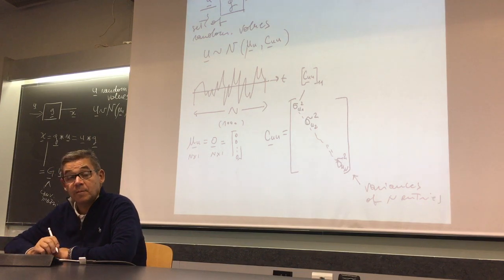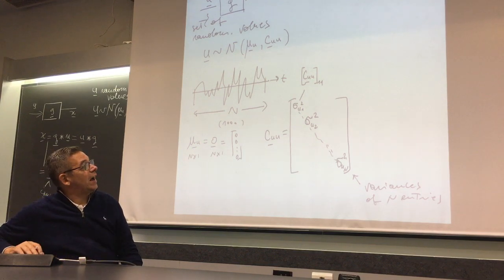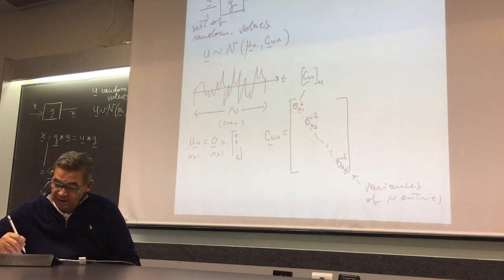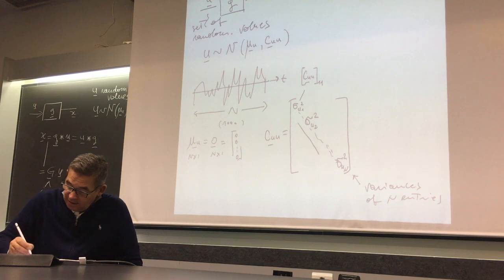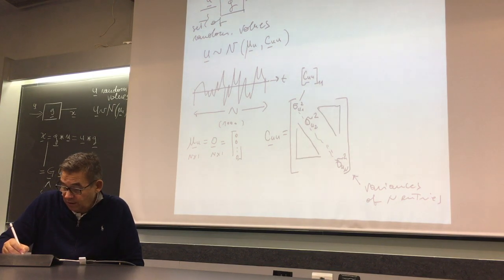What about if those values are all the same, and all the off-diagonal values are 0?